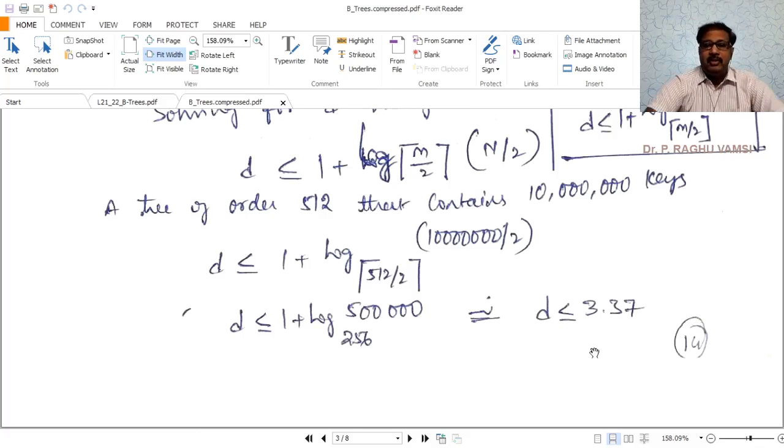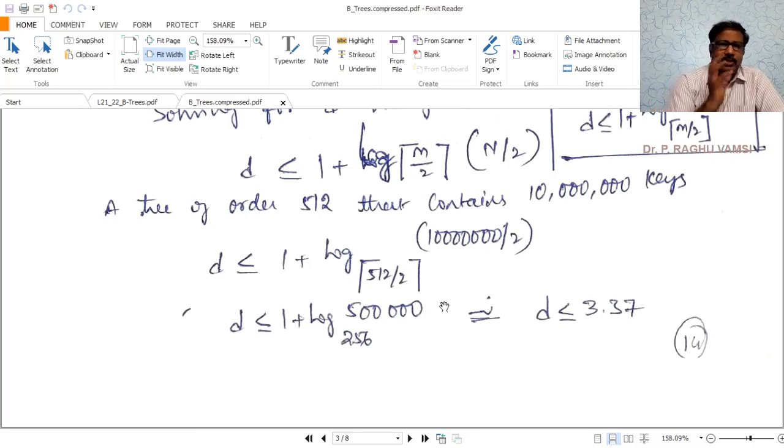Whenever the depth is 3.5, see how quickly you can access the element. This is the idea behind the B tree, especially to increase the faster access of the elements, to decrease the disk access time, to pick up the related content or related file as fast as possible.